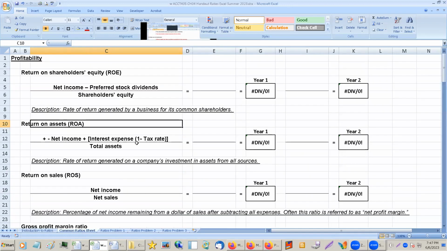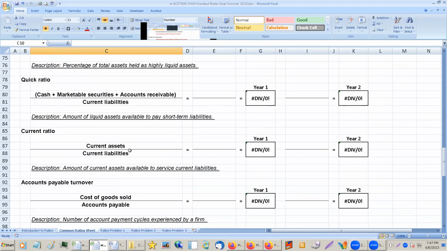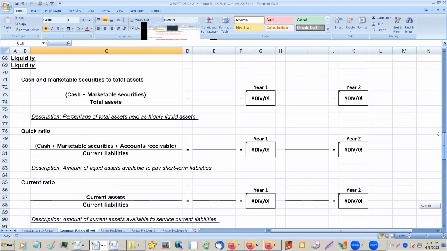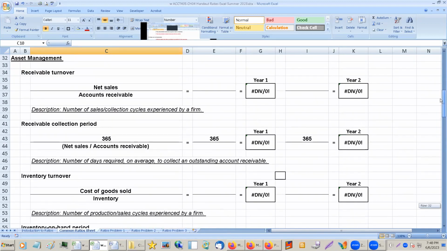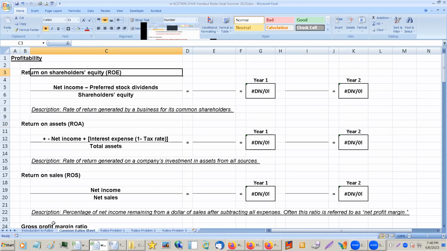Okay. This page has all of the ratios, I believe, that you will need. I think for the entire course, I'm not positive though. But if you want to find a ratio, it's probably on the second page here. So, common ratios.